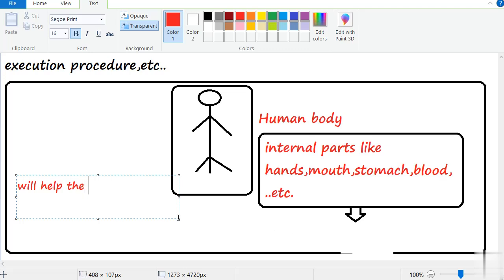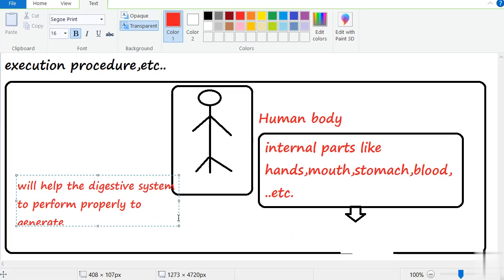They will help the digestive system to perform properly, to generate energy from the food we eat.